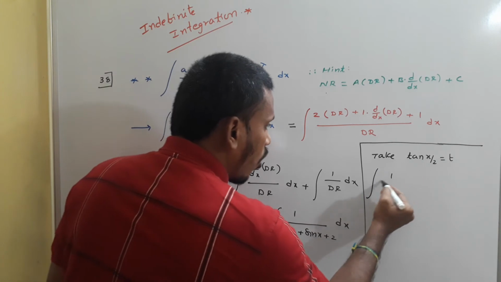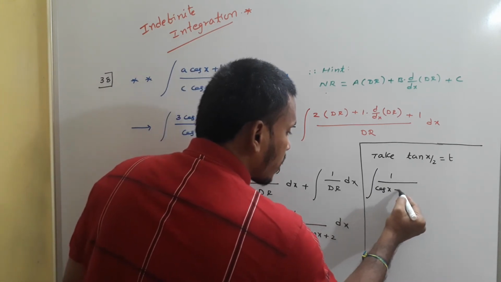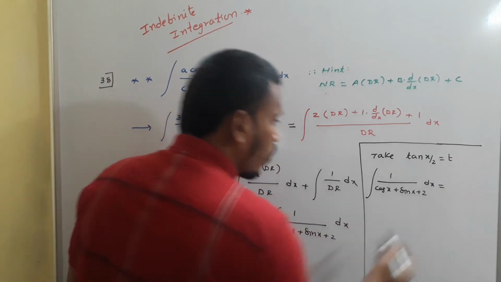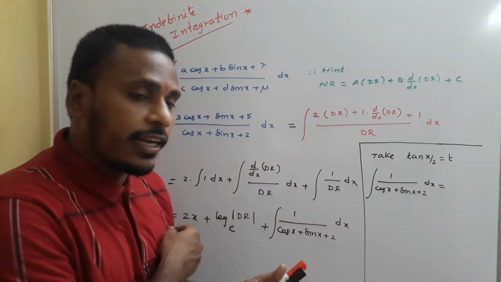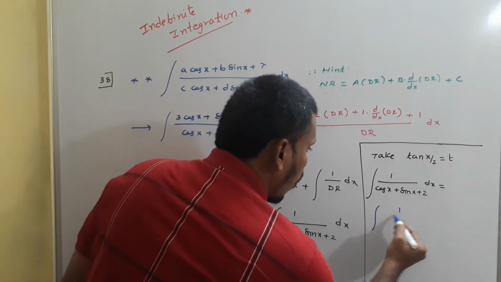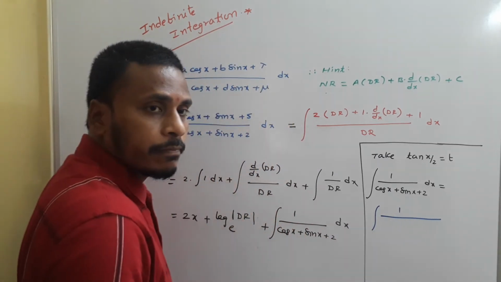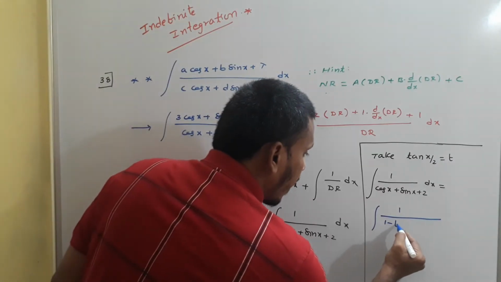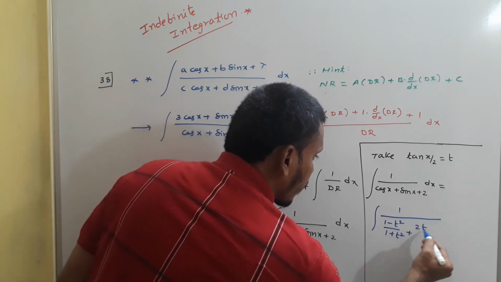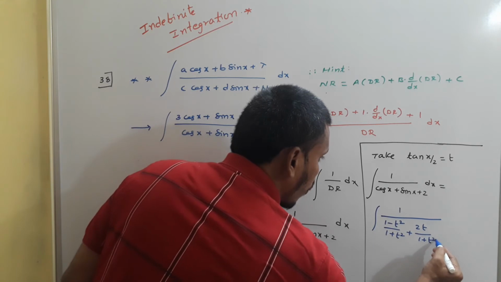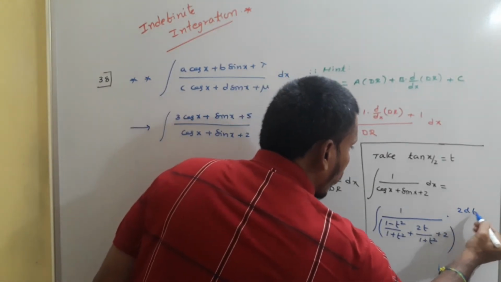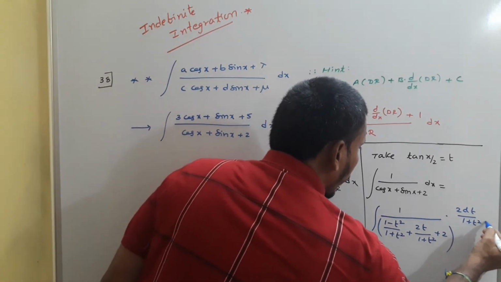The integral of 1 by cos x plus sin x plus 2 dx equals, we need to rewrite everything in terms of t now. Cos x is (1 minus t square) by (1 plus t square), plus sin x is 2t by (1 plus t square), plus 2, and dx is simply 2 dt by (1 plus t square).